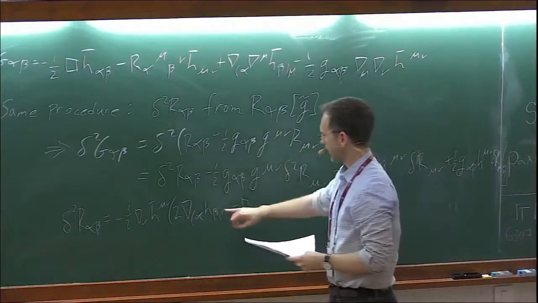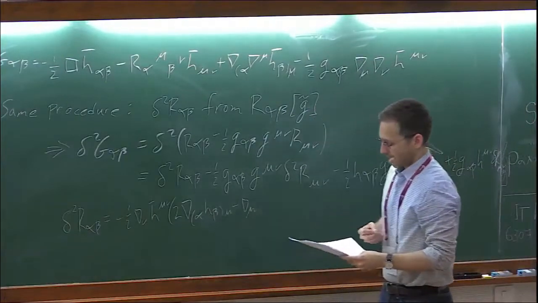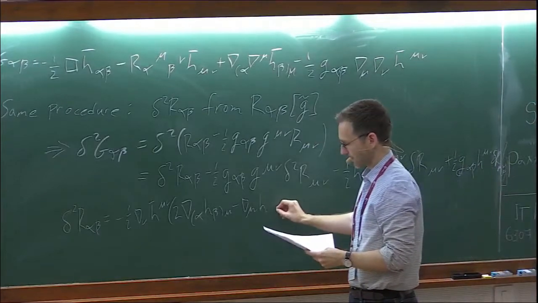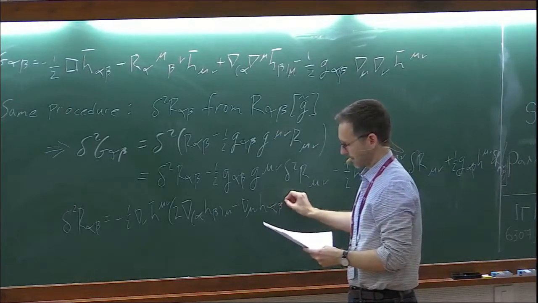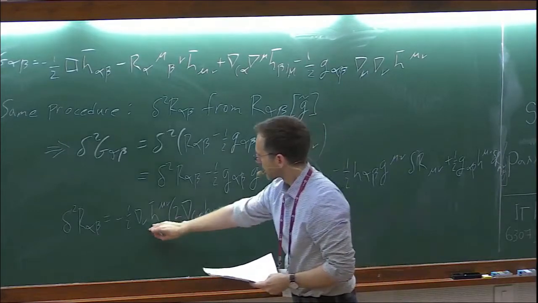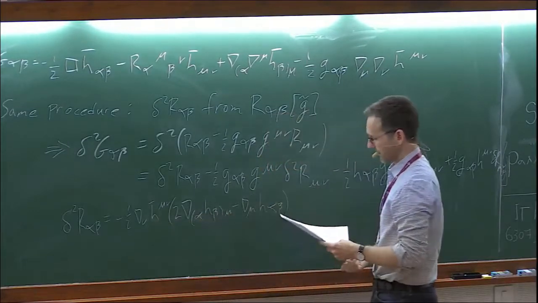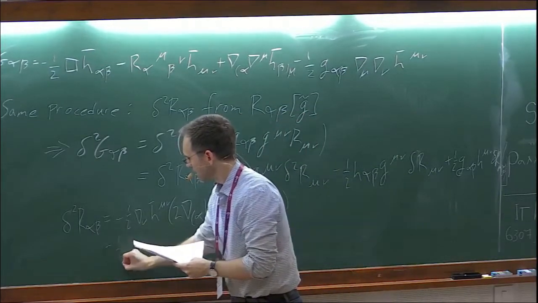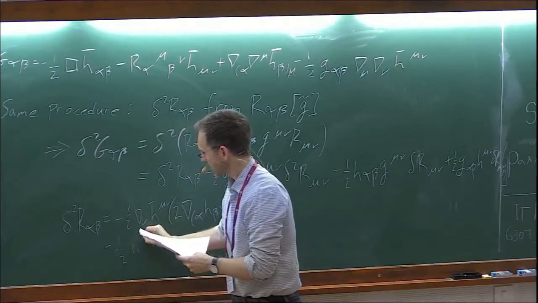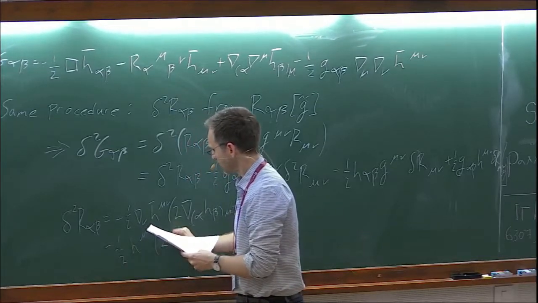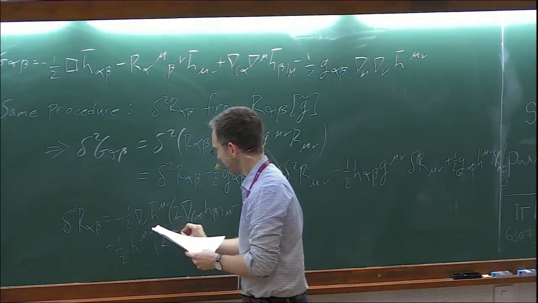Okay, so I'm not going to bother writing down all these terms, because that would take a couple minutes. But just the general structure of what you have: you have derivatives of h times other derivatives of h. You also have things like h times second derivatives of h.